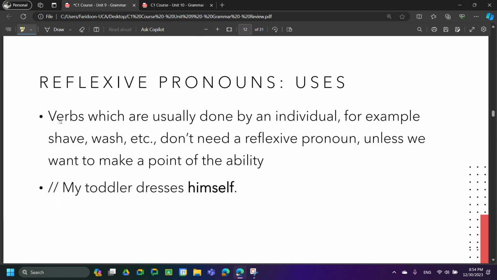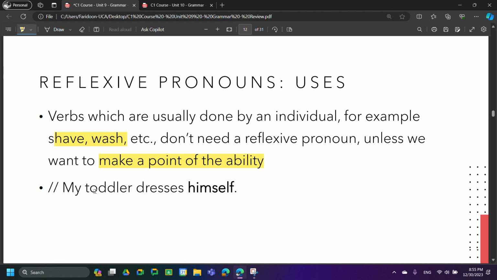It can also be used with verbs which are usually done by one person. Examples can be shave, wash, and so on. They don't need to be used with a reflexive pronoun, but if you want to make a point of the person's ability, you can use it.